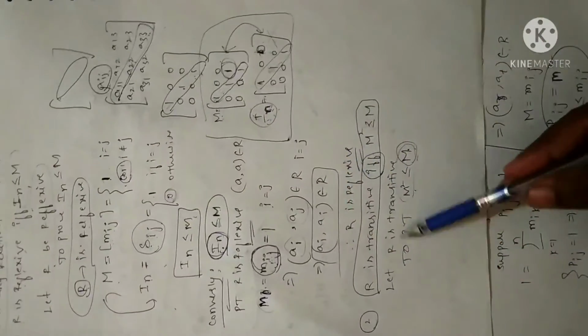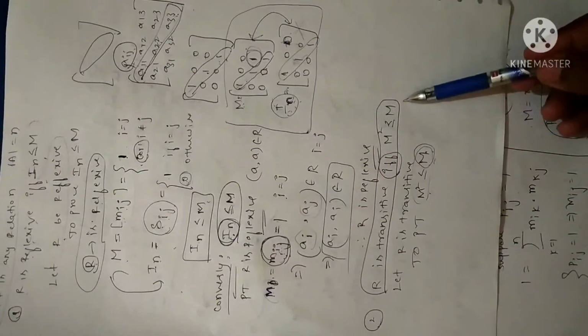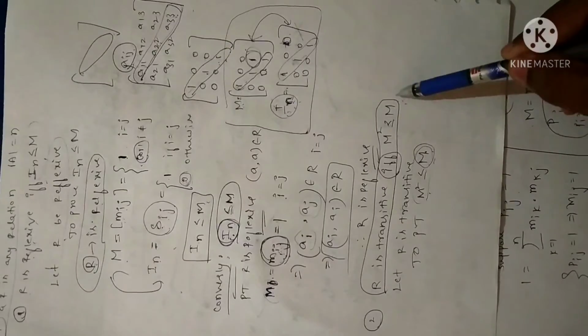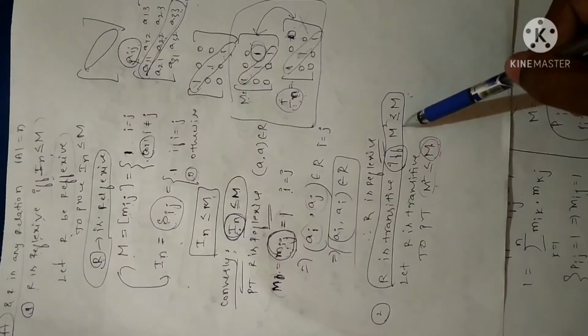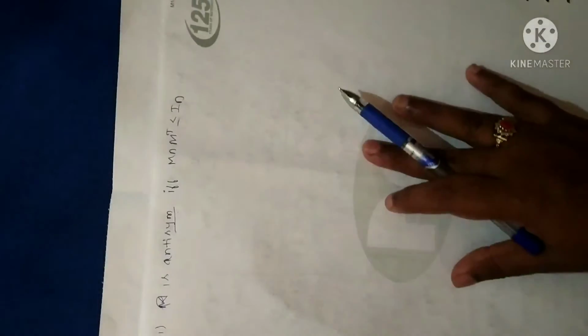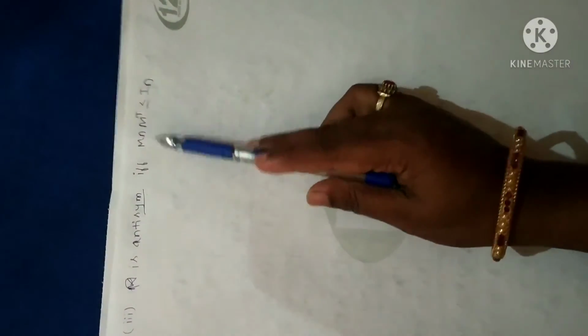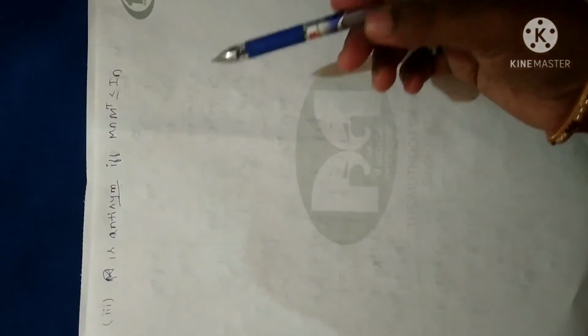The second one is R is transitive if and only if M square is less than or equal to M. You have to remember this condition as we are using it in the next theorems. Now we again have an if and only if condition, so we have to prove both.